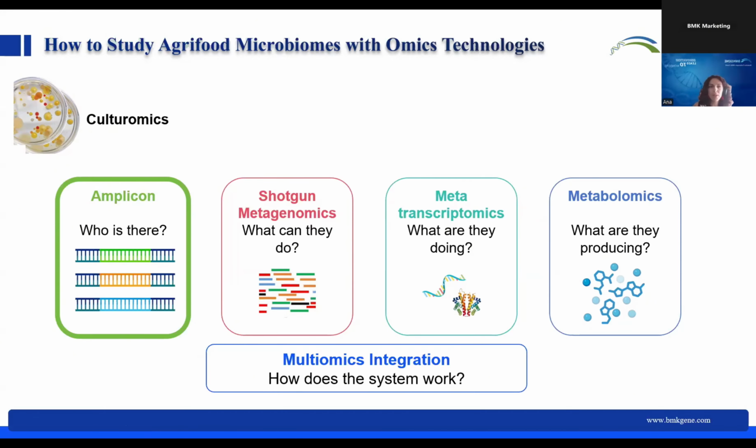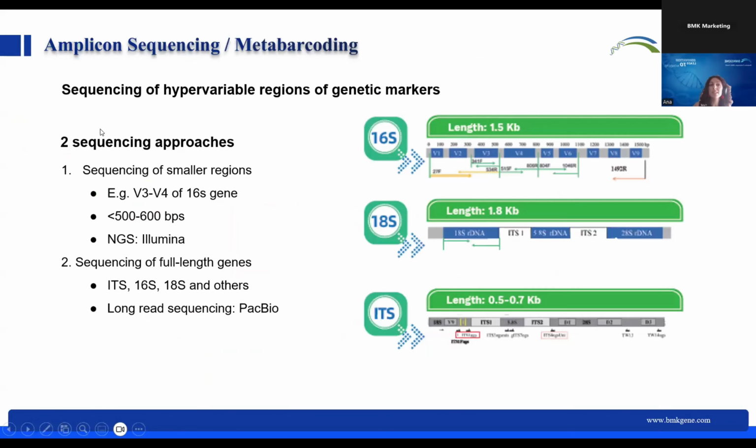Starting with amplicon. This is also called metabarcoding, so you may be more familiar with this name. The idea is to sequence hypervariable regions of genetic markers. And usually this is 16S for bacteria, 18S for eukaryotes, and ITS for fungi. And the most classical approach, let's say, or the one that is still used a lot is, for example, looking at the 16S gene, since it's somewhat big, it's 1.5 kb.